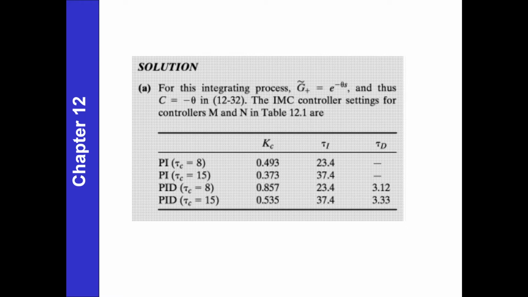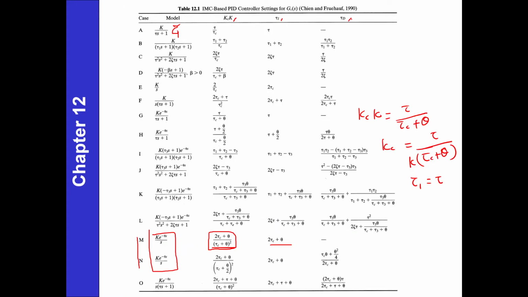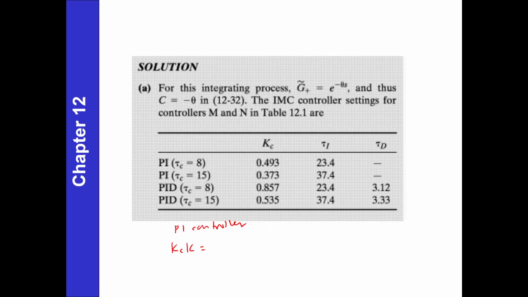For the PI controller, Kc K is equal to (2 tau C plus theta) over (tau C plus theta) squared.